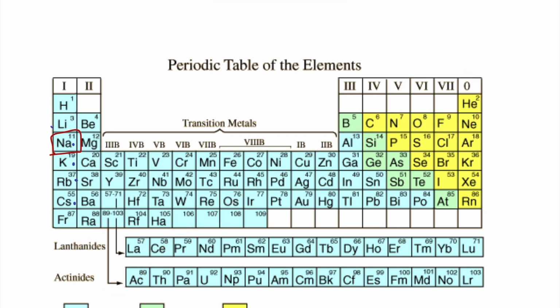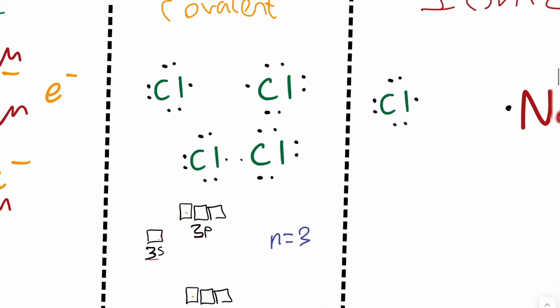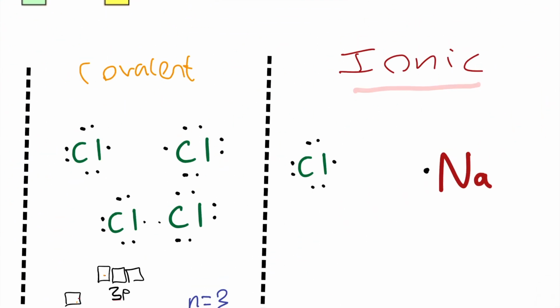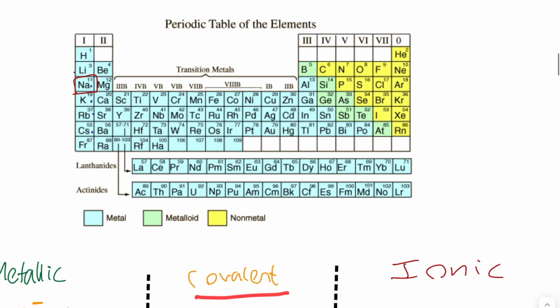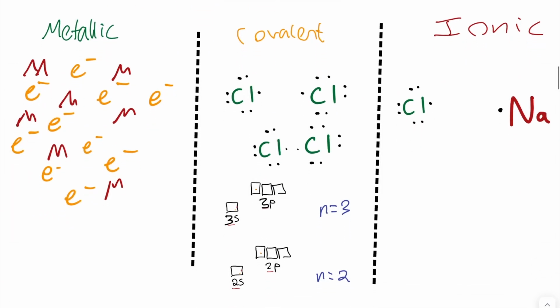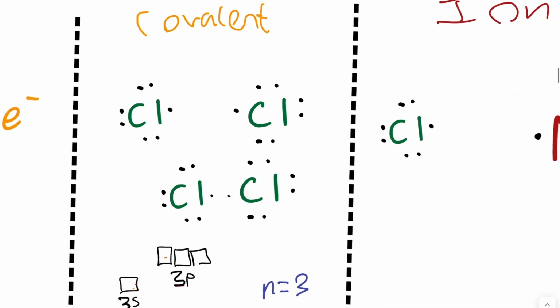And generally speaking, what tends to happen is large electronegativity differences will give you this ionic character that we're going to talk about here. But if you have very similar electronegativity, such as is the case in covalent bonds, what ends up happening is that they actually share electrons, and that's called covalent bonding.